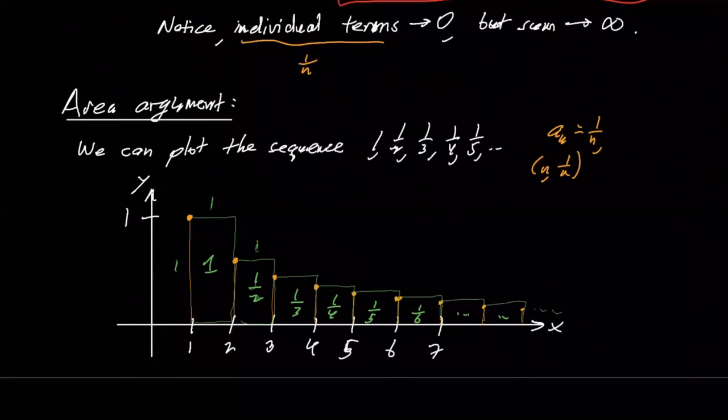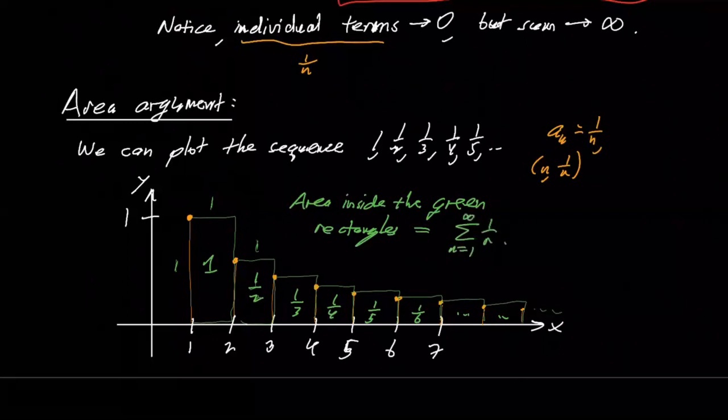So the area inside the green boxes is in fact the harmonic series. If we keep going forever, the green rectangles equal the harmonic series, the sum n equals 1 to infinity, 1 over n.